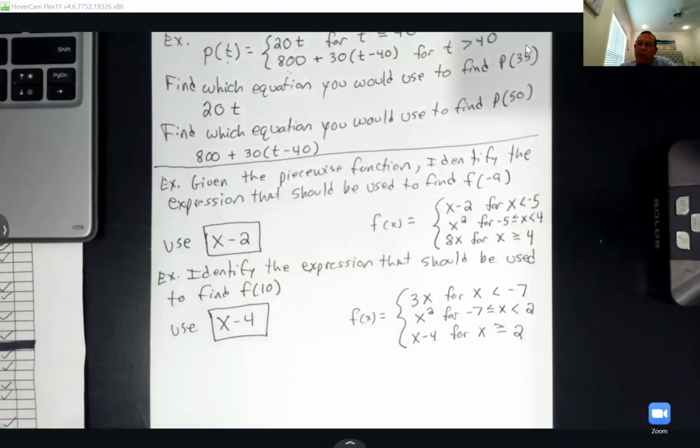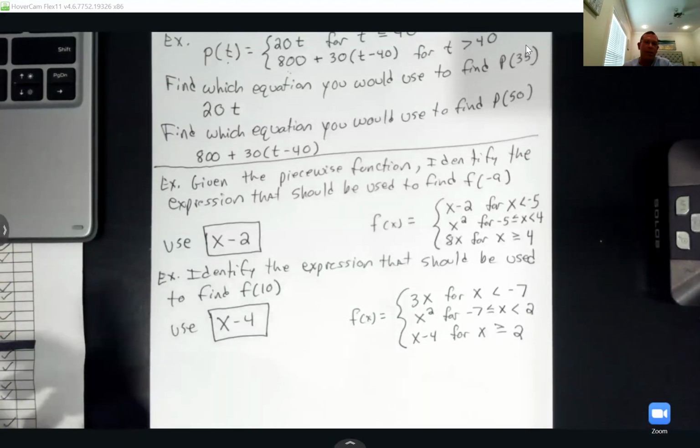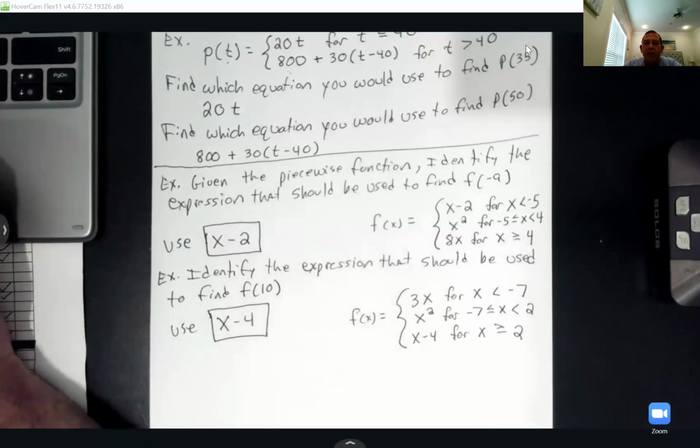All right, so then we start getting into increasing and decreasing. So to do the increasing and decreasing, I'm actually going to get into the Math Lab, okay? So I'm going to share my screen for Math Lab.